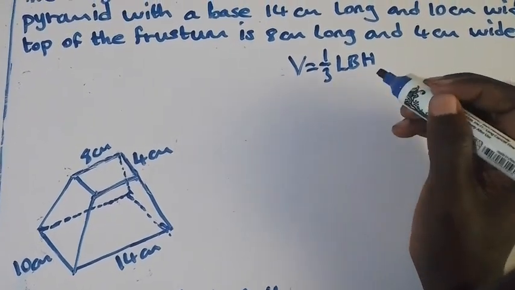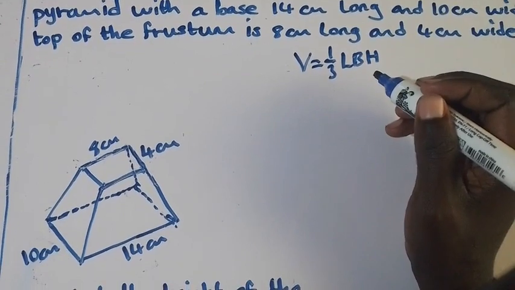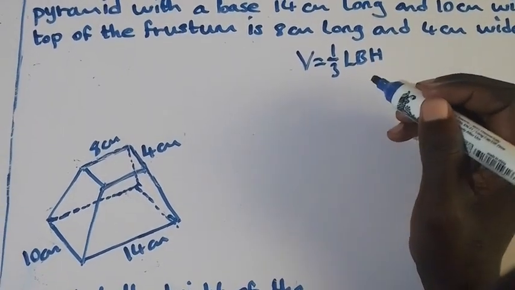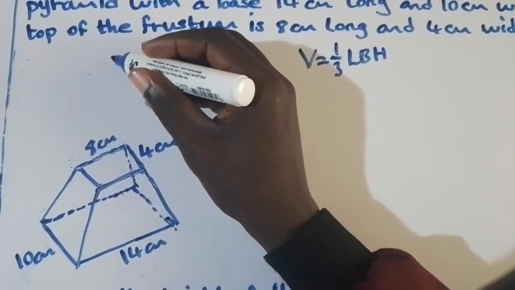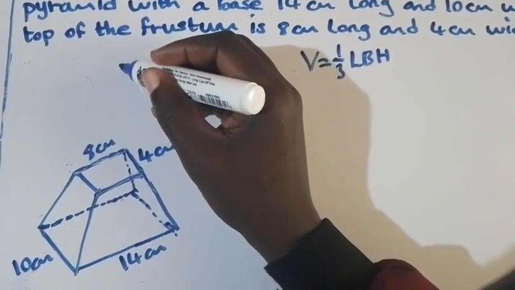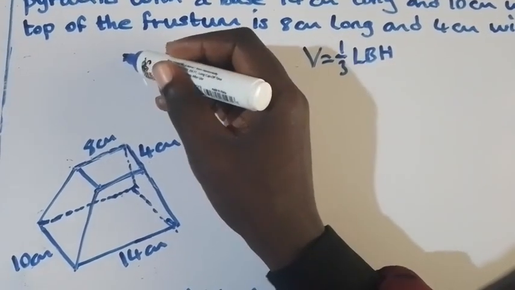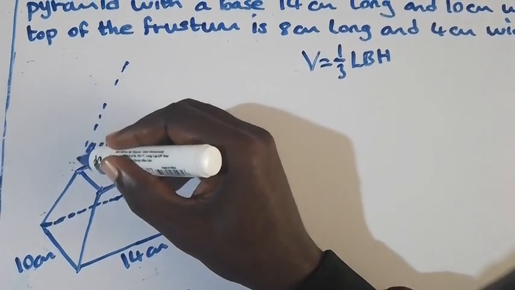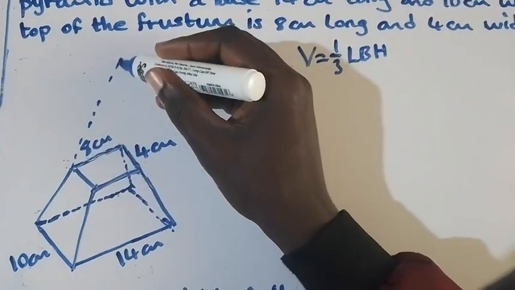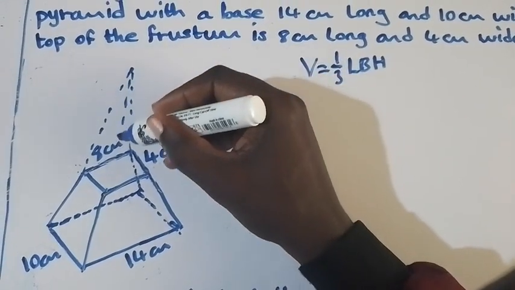Now for us to apply this formula, we need to know capital letter H and small letter h. Small letter h is the one that is coming from the part which was removed. So let's extend this part.